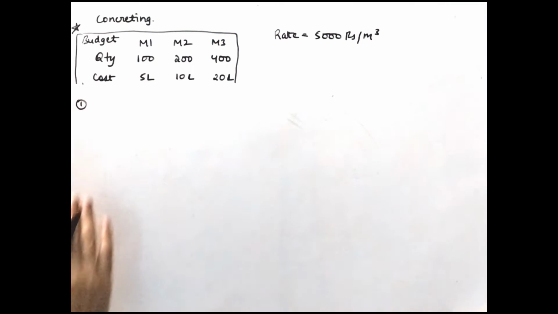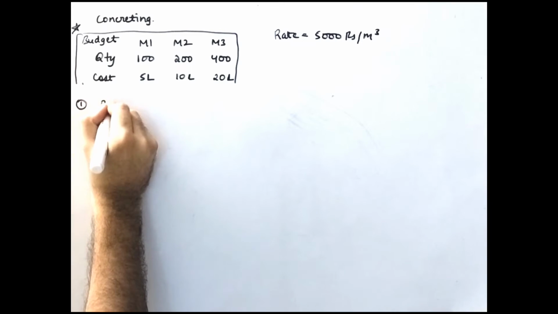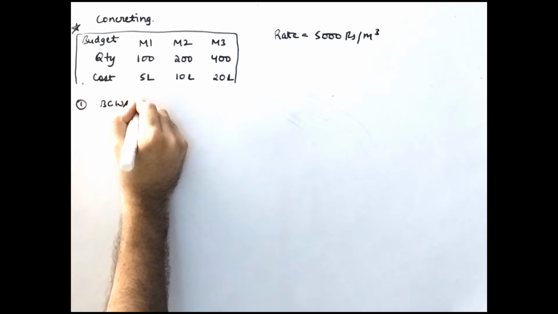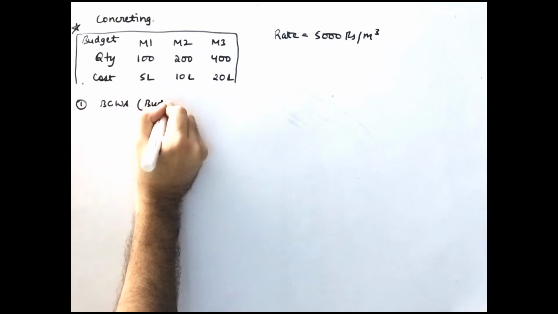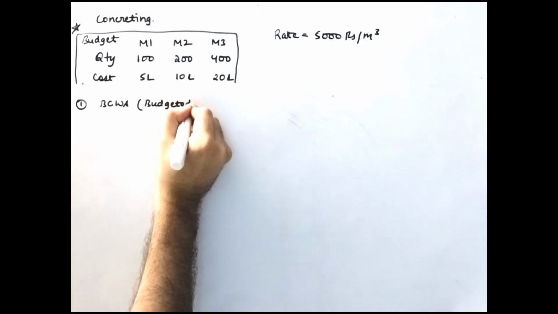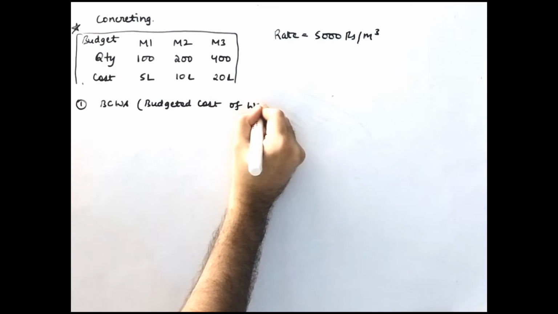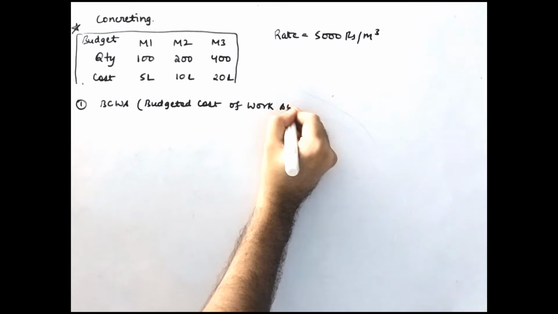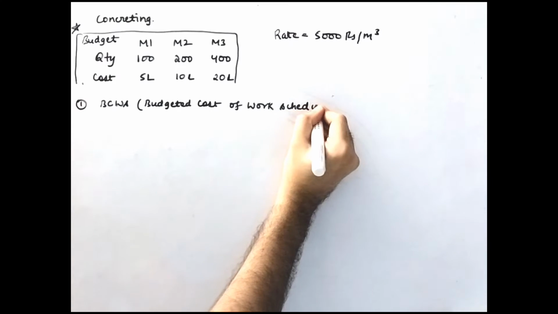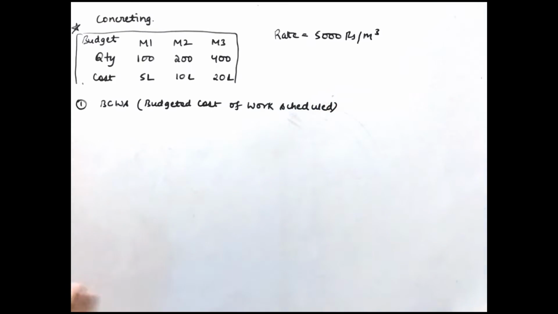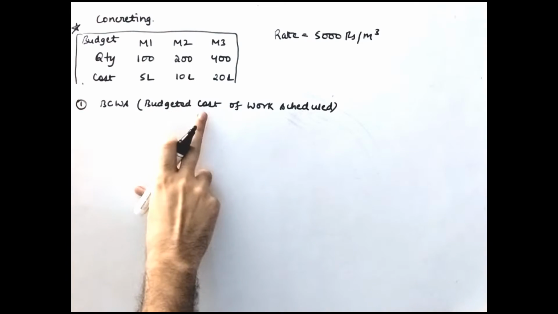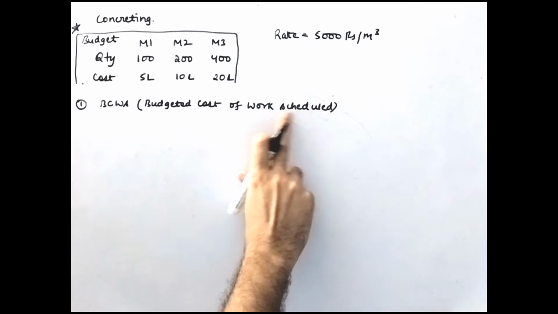Okay, now coming to the terminologies. The first terminology is BCWS. What is this? This is nothing but your budgeted cost of work scheduled. Now understand this term instead of mugging it up. Budgeted cost of work scheduled.